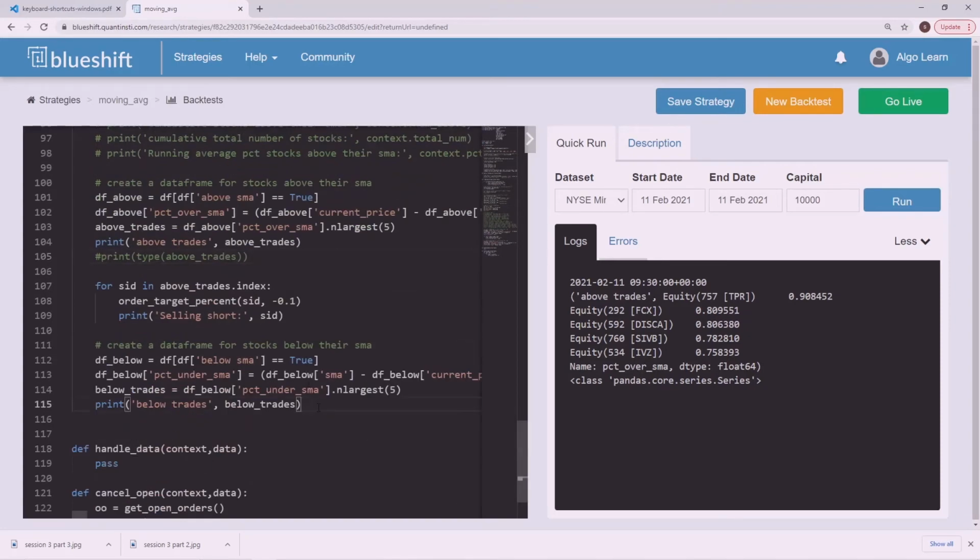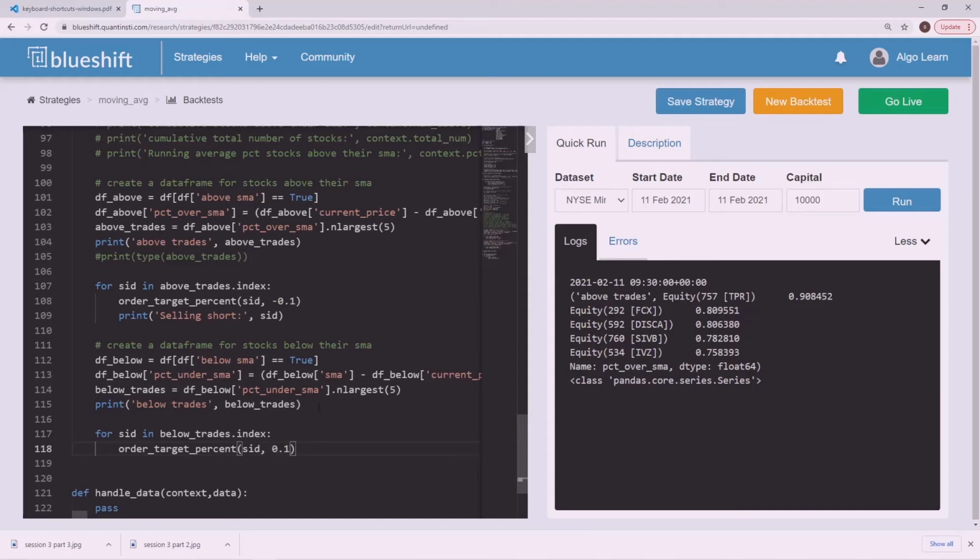Let me go ahead and also create the trades. So for SID in below trades index, our order target percent security ID.